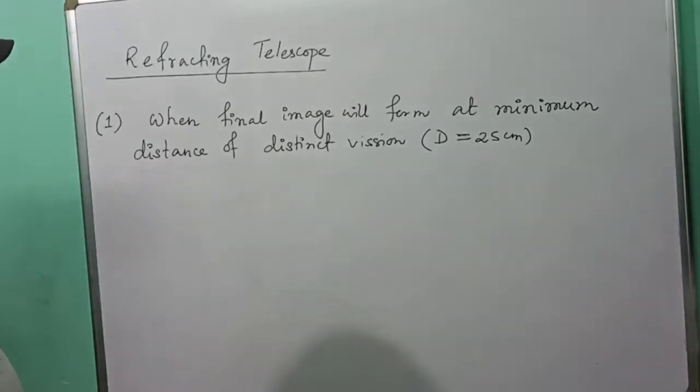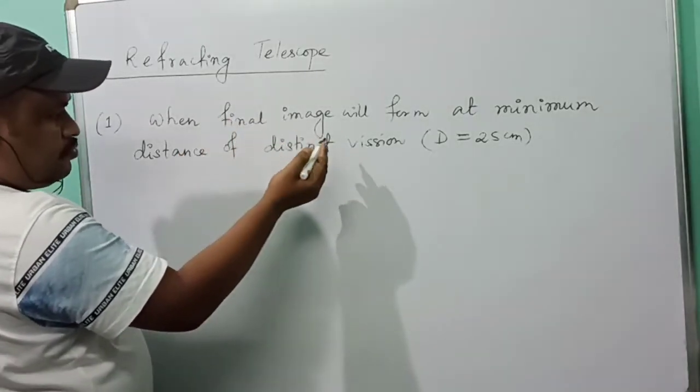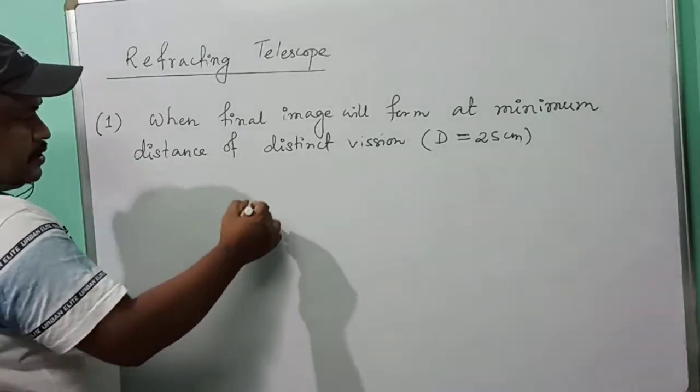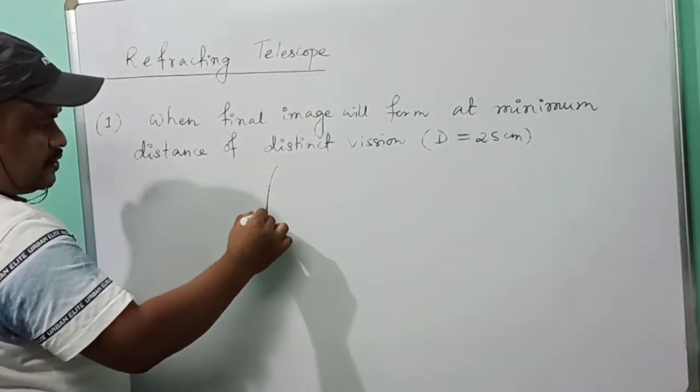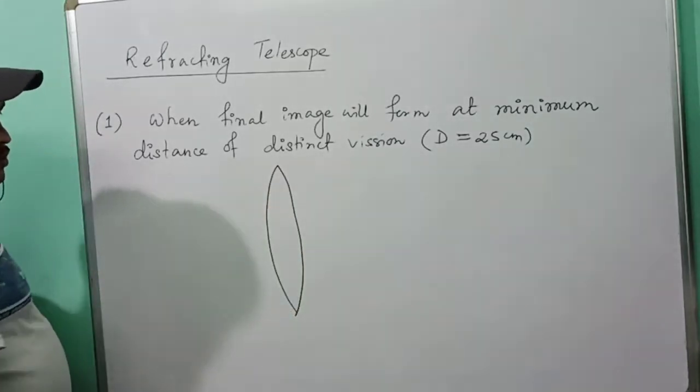So in this case, we consider the final image forming at 25 centimeter from the eyepiece lens. Suppose this is the objective lens.